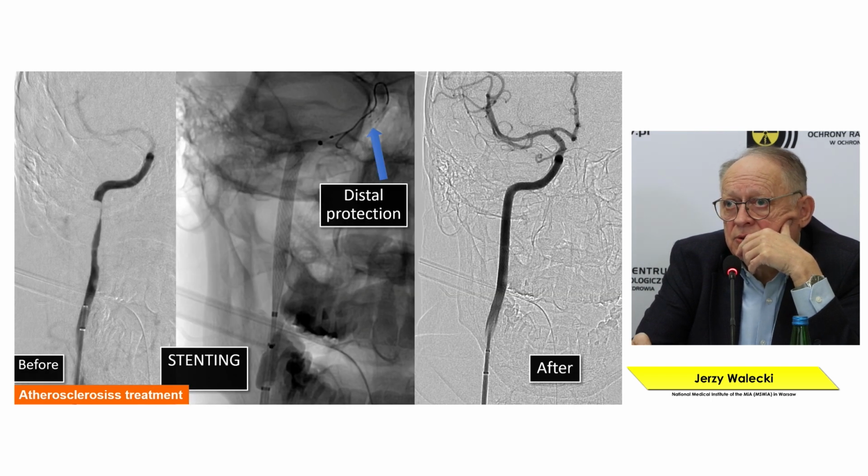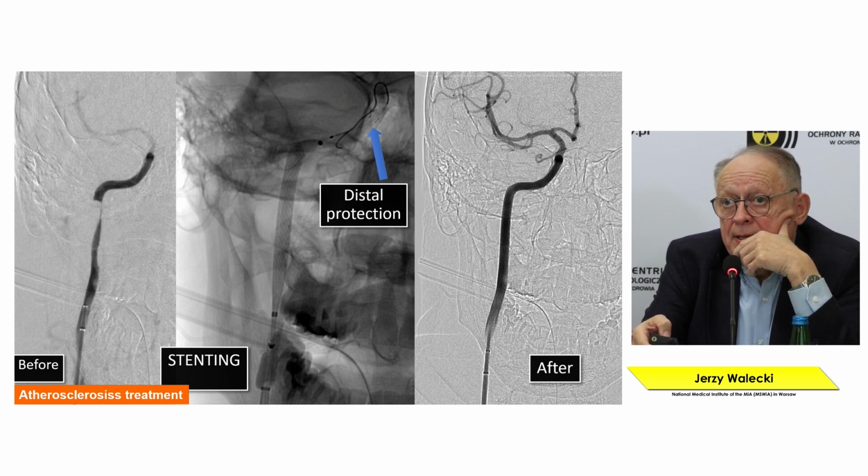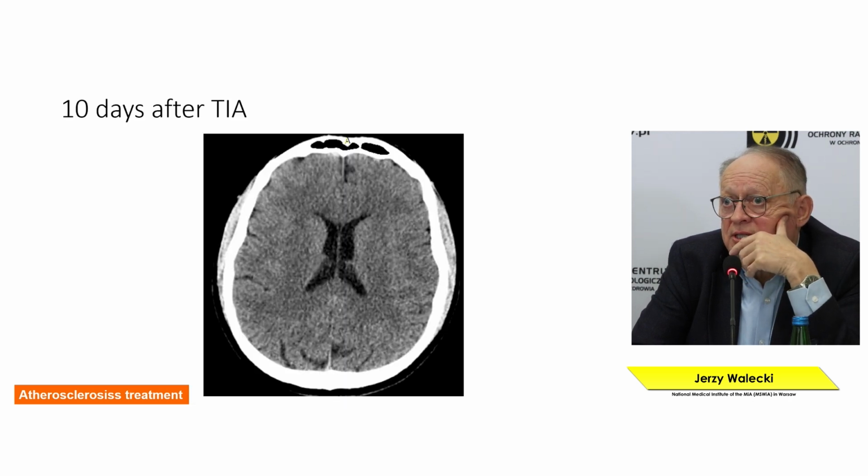Subocclusion, very thin, and what we do, well, we apply these devices. We introduce a catheter, and then a stent, and the artery looks better than before. So it looks almost ideal after the implementation of the stent.